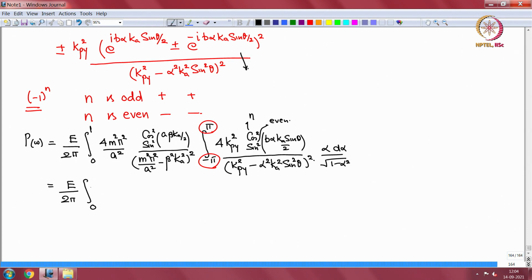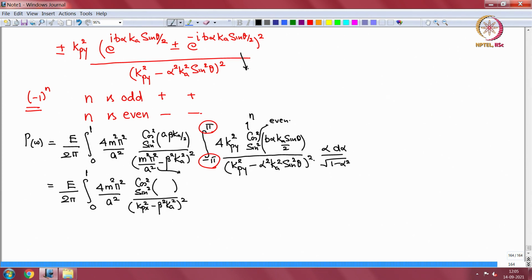integral 0 to 1 4 m square pi square by a squared cos squared sine squared of this divided by kpx squared minus beta squared ka squared whole squared.